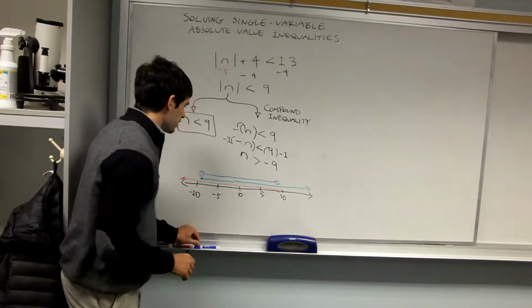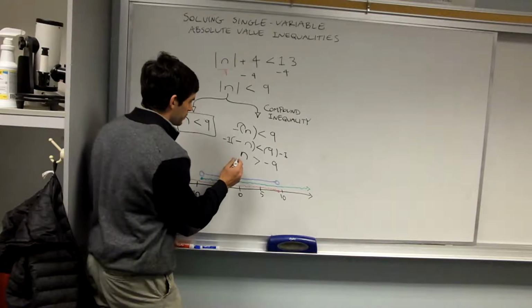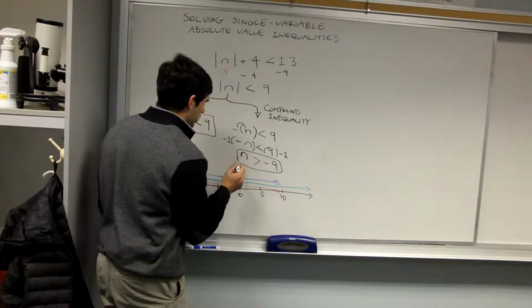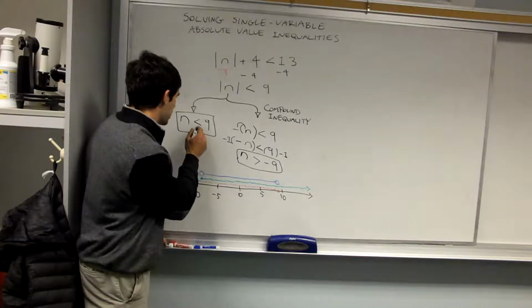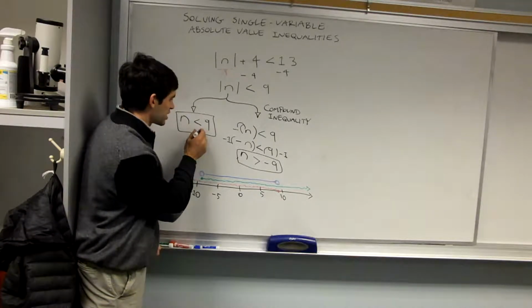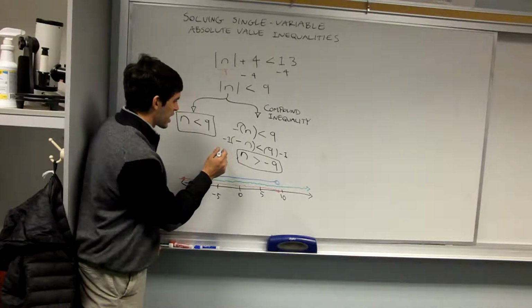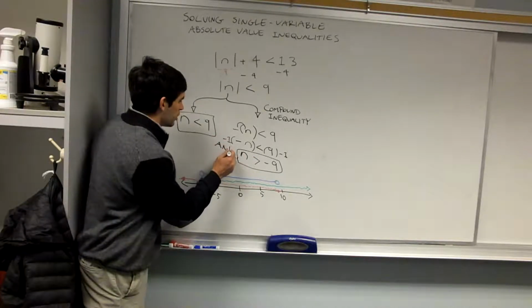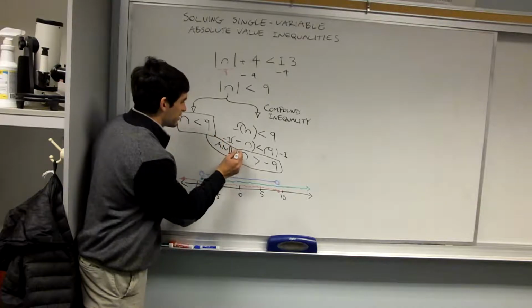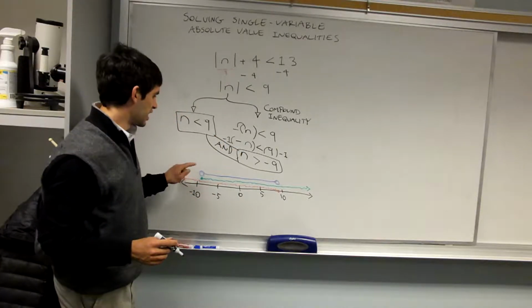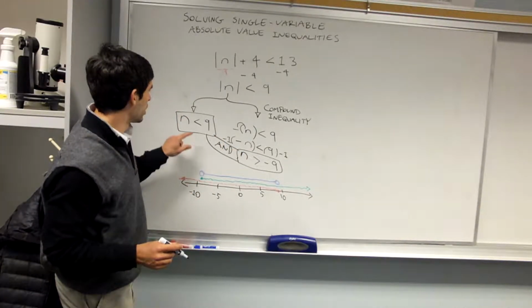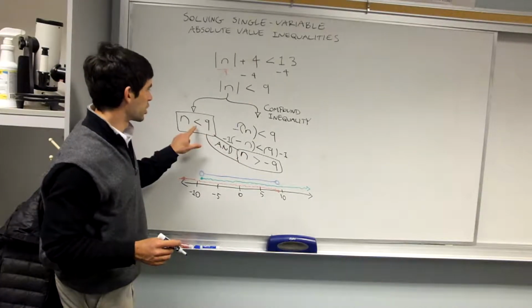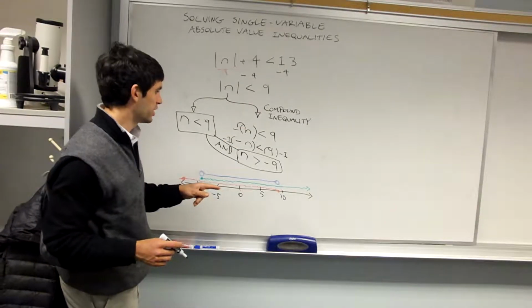So thus what we can do is we can use the language n is less than 9 and n is greater than negative 9. We use the language and because the inequality has to satisfy both of these components of the compound inequality.